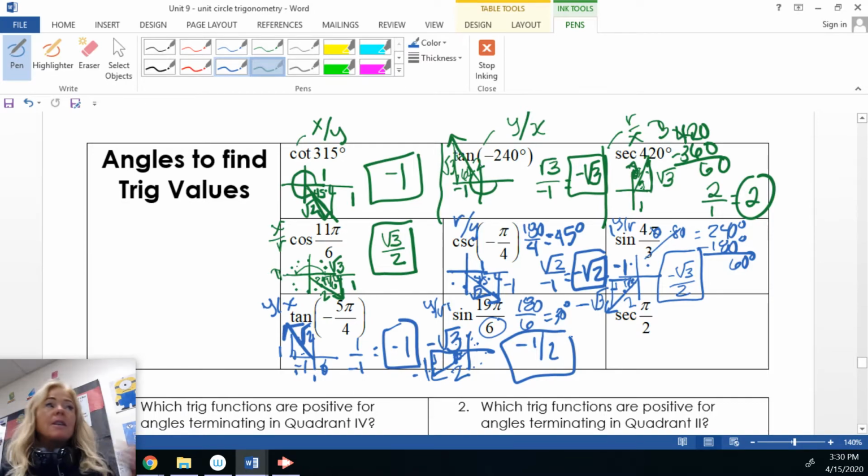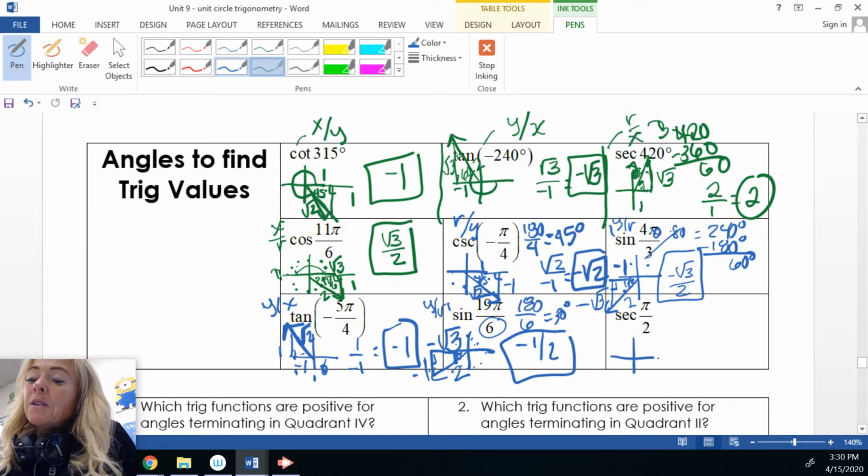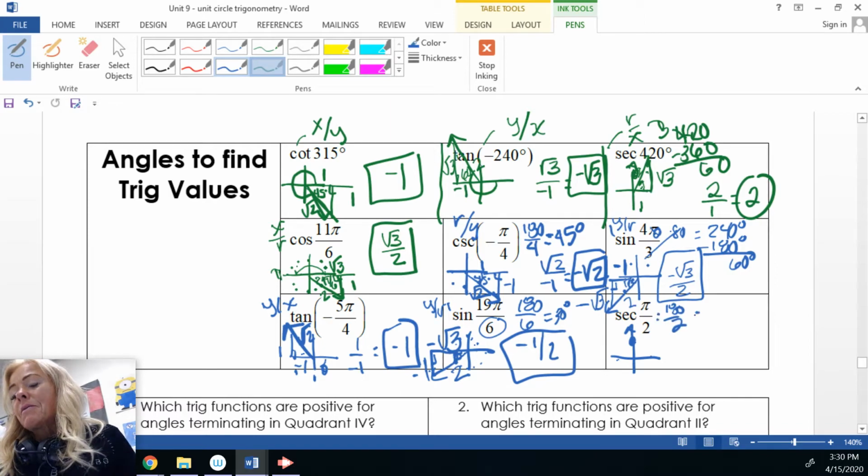And then our last one, secant of pi over 2. Pi over 2 is 90. So you're breaking pi into 2 parts. 1, 2, which is right there. Pi over 2, which is 180 over 2 if you want to use our formula, is 90 degrees. So what is that coordinate right there?